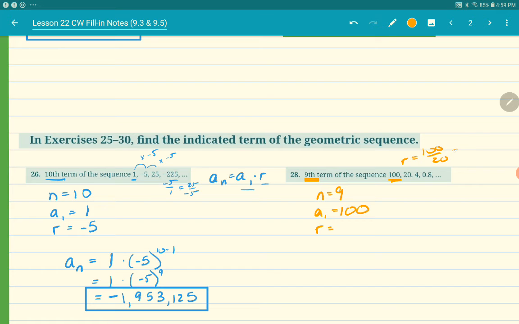Let's see if that continues. And then 20 over, I did that backwards, didn't I? I did. So it goes with the second term over the first term, so it's 1/5. Which makes sense because we're getting smaller, not larger. And then 4th over 20, that's 1/5 also. And then 0.8 over 4, which is also 1/5. So I can see my common ratio is 1/5.